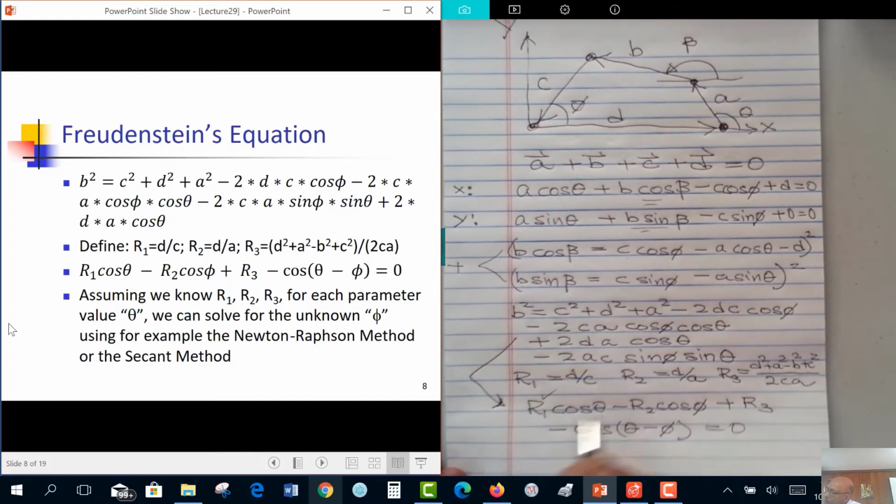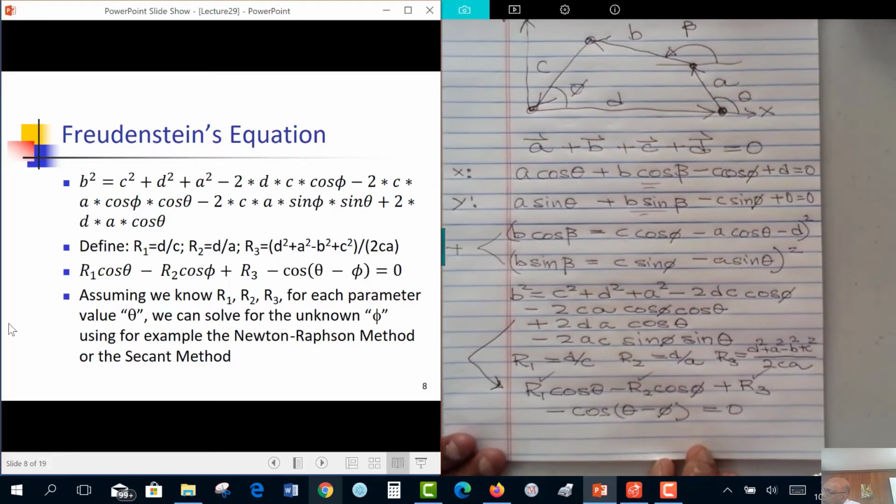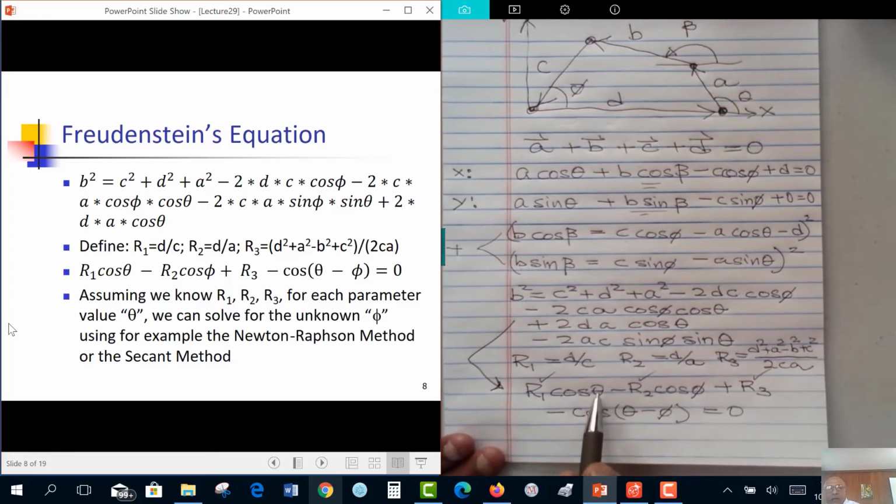If we know R1, R2, R3, which are basically link length ratios, then our only unknowns are theta and phi. So we have an equation.